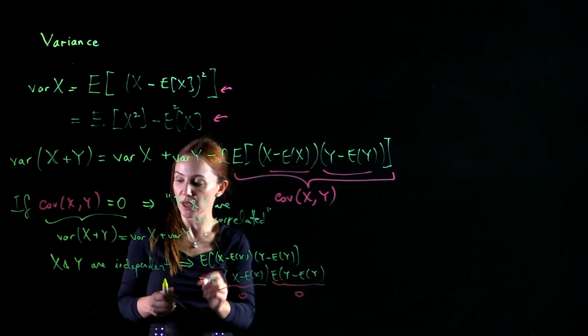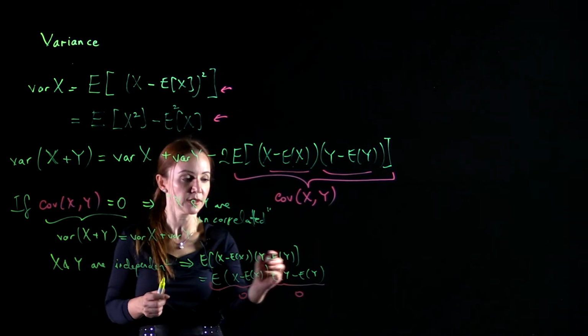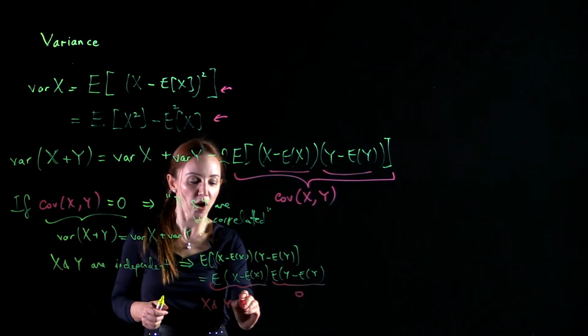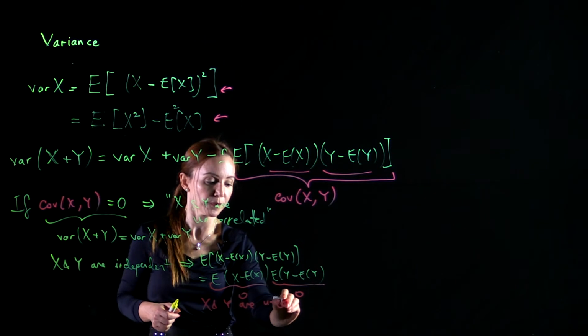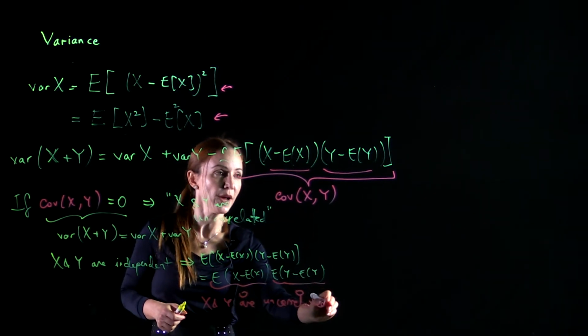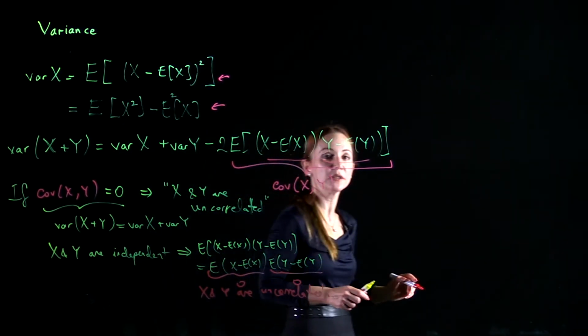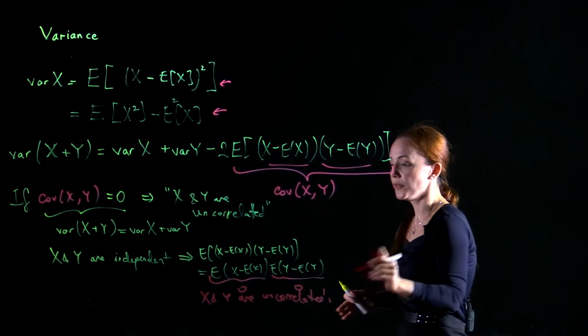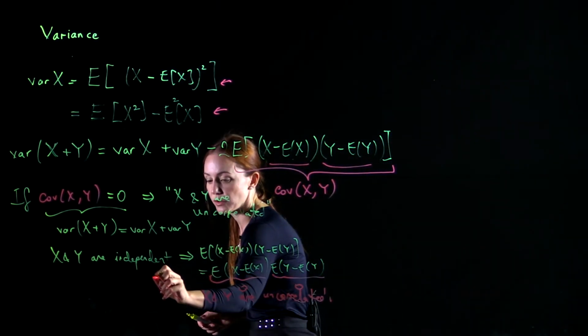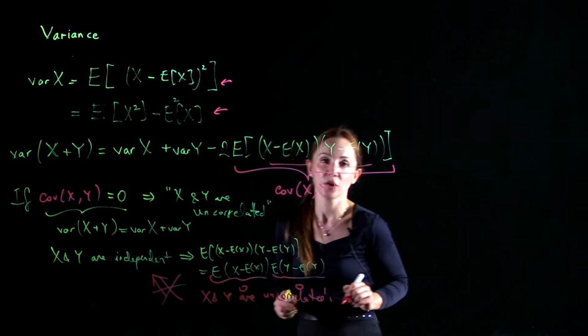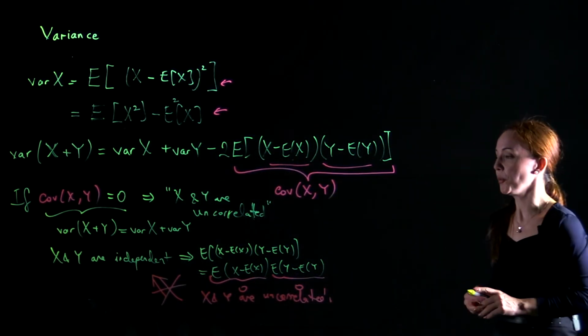So this means when X and Y are independent, X and Y are uncorrelated as well. So independence implies uncorrelatedness. The converse does not hold. The converse is not always true.